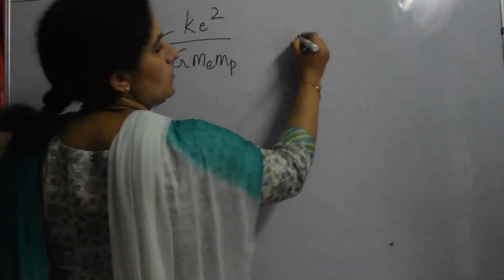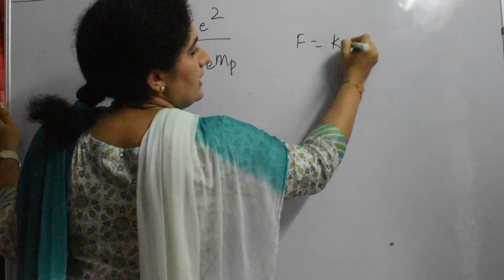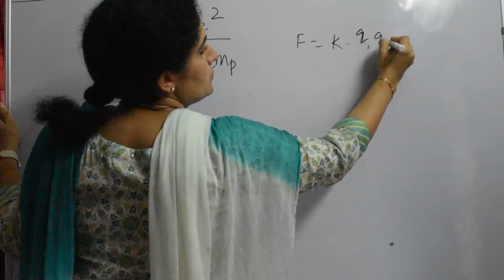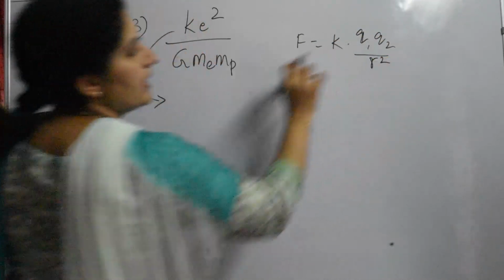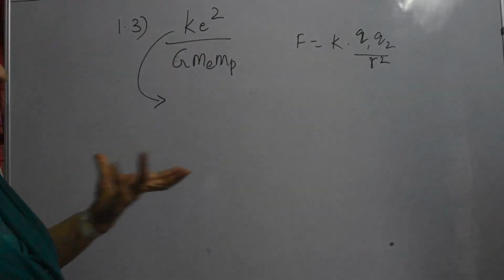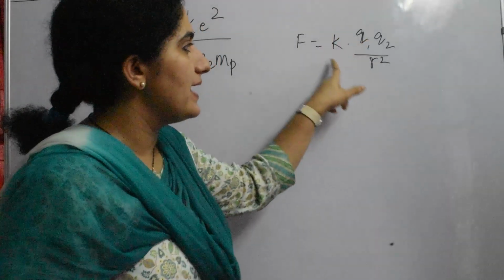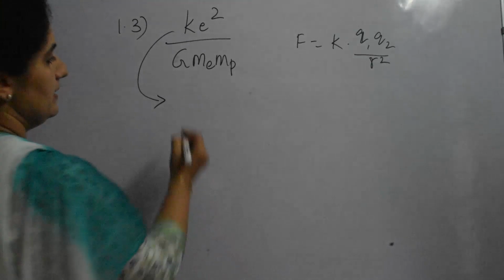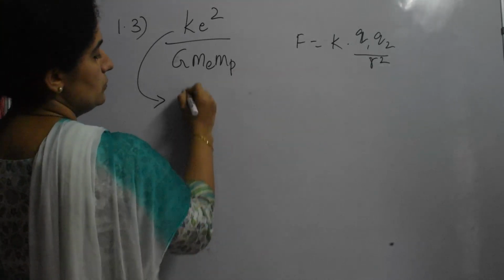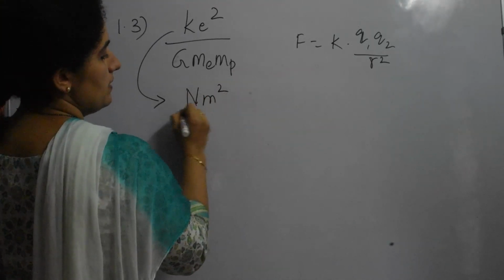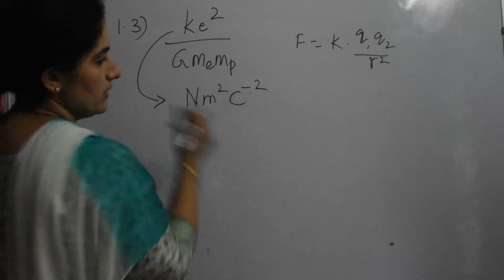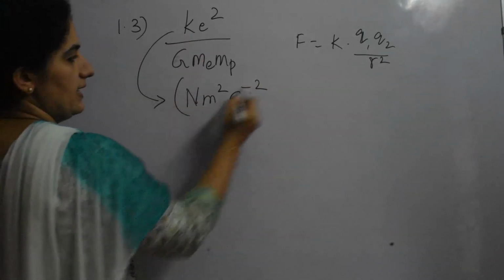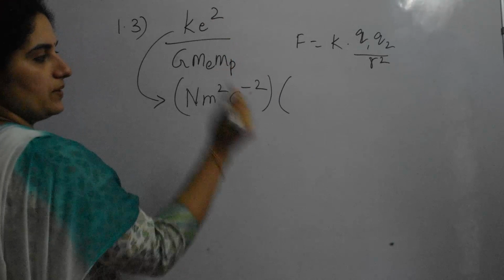We have here K into Q1 Q2 by R square, correct? K is nothing but 1 by 4 pi epsilon naught. So what should be the SI unit of K? It is Newton meter square per coulomb square, that is K, into e square.